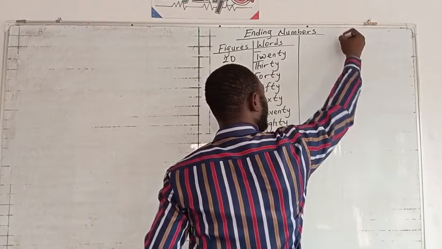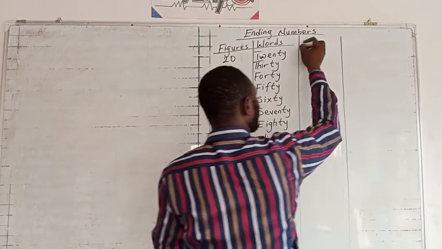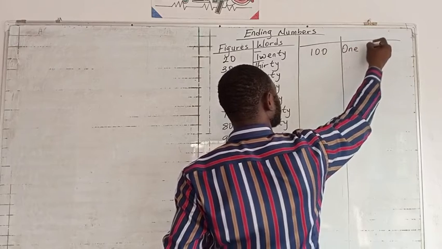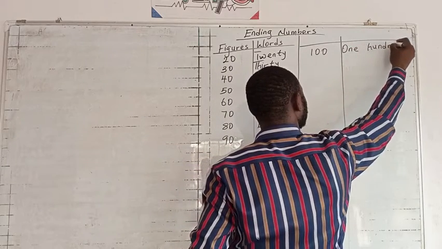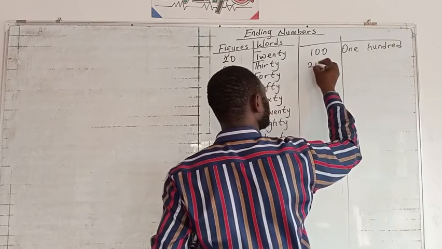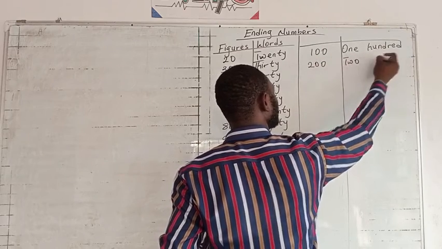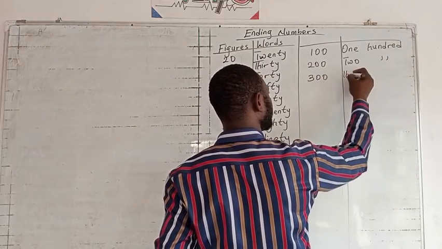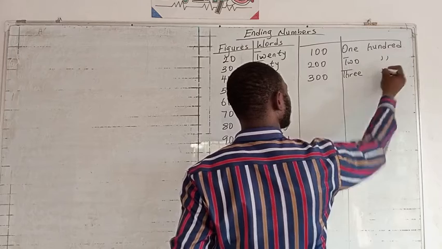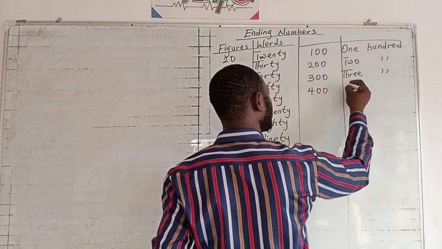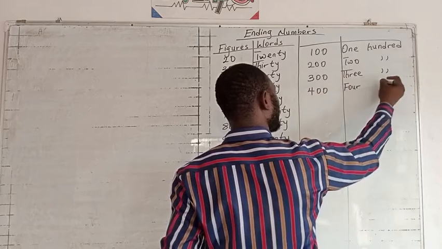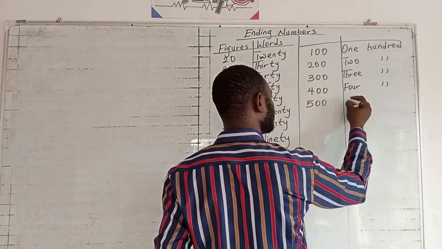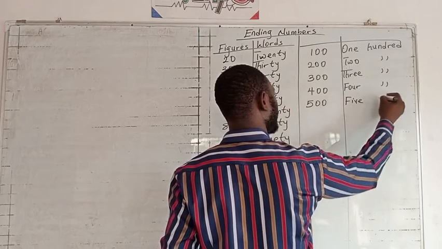So let me write it here. I now have 100, 200, 300, 400, 500.